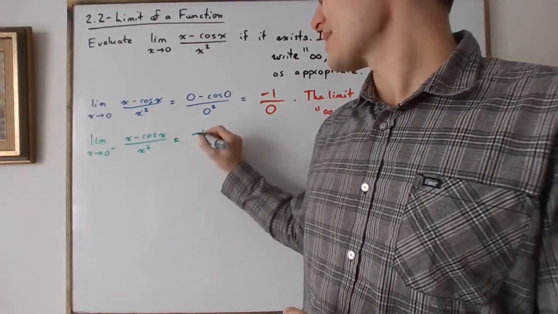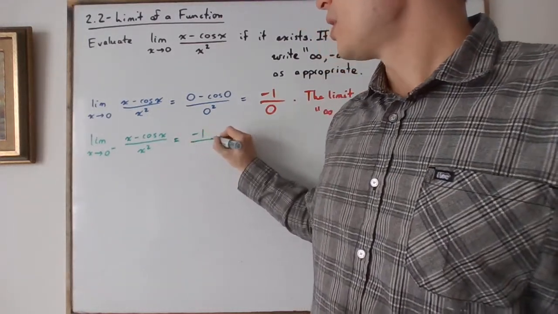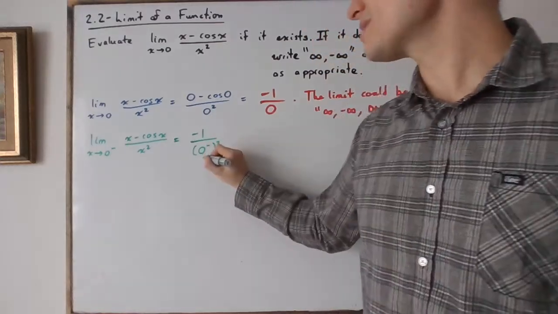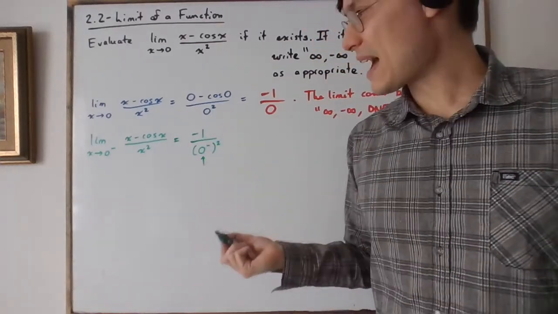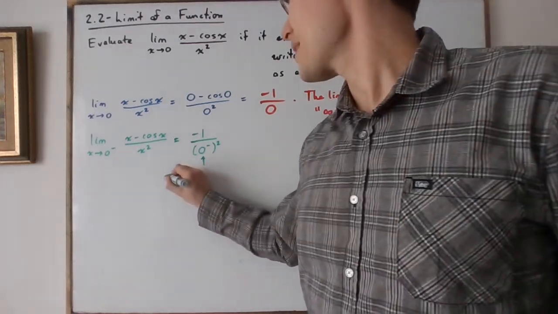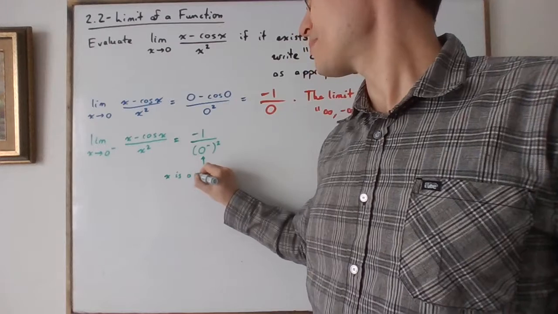Now let's have a look at x squared. What's going to happen? First of all, what does this notation mean? It means that x is approaching 0 from below.